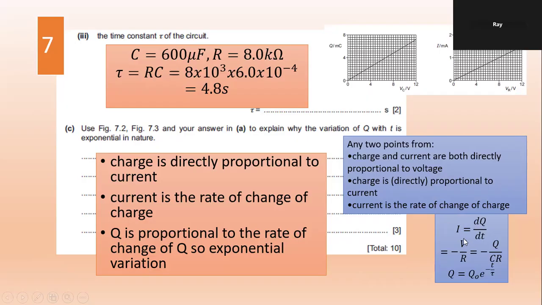Then your current is V over R. Since there's a decrease, this derivation which you don't require, just to help you understand why they choose this answer or that answer. Right? Current is decreasing. Then replace your V with Q over C. So you can see that I is proportional to Q. Q is proportional to the rate of change of Q. That's important.